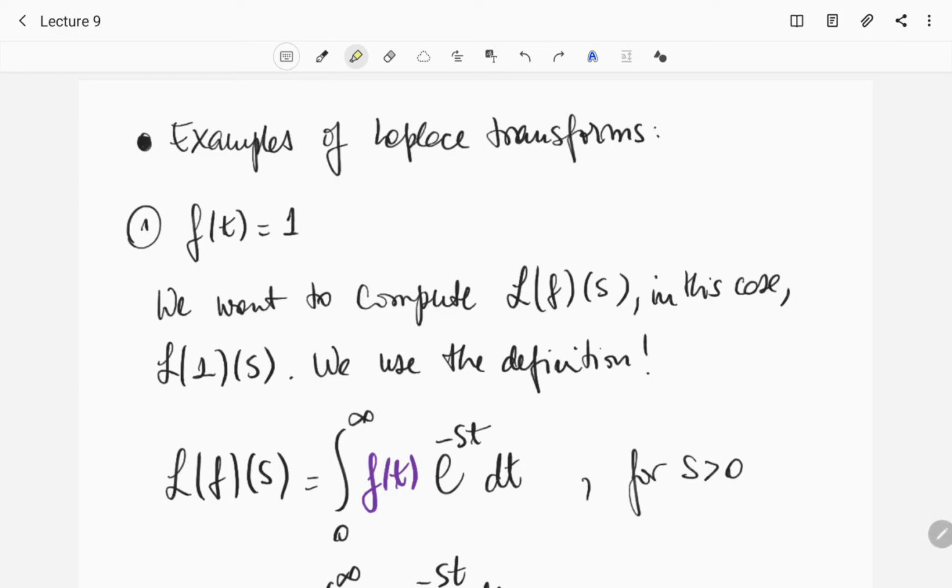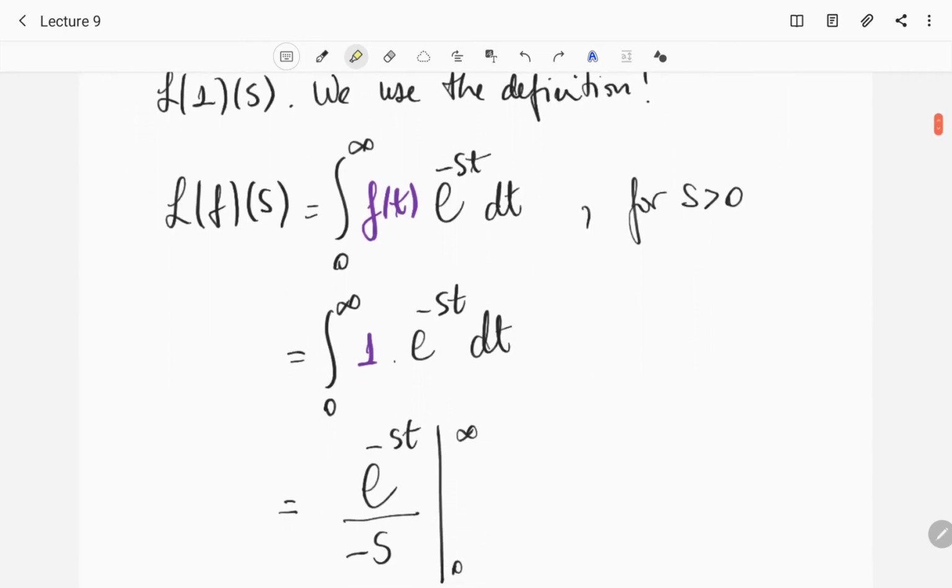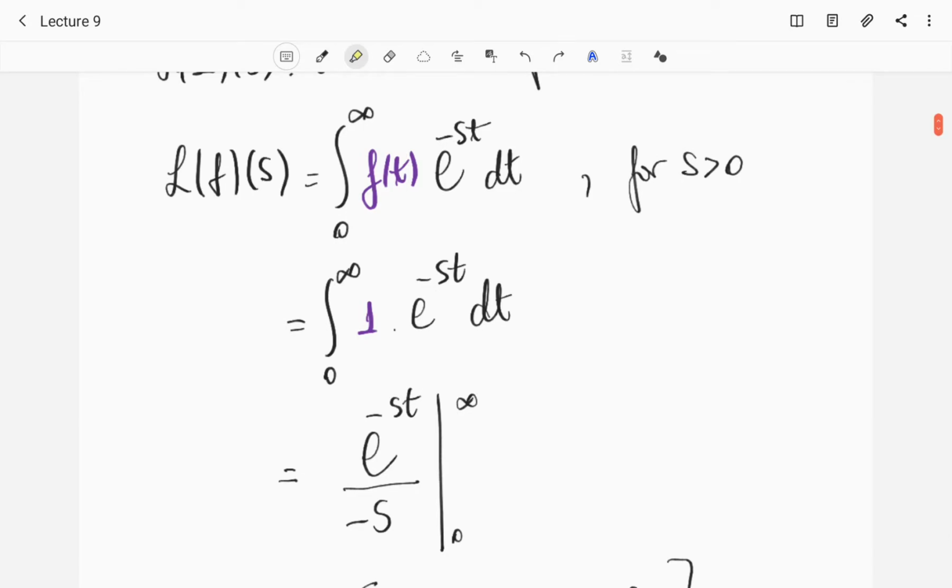The easiest example, f of t equal to 1 for every t, so a constant function equal to 1. We want to compute the Laplace transform of this function, and remember, we are fixing the new variable as s. So let's use the definition, which is the only thing we have so far.